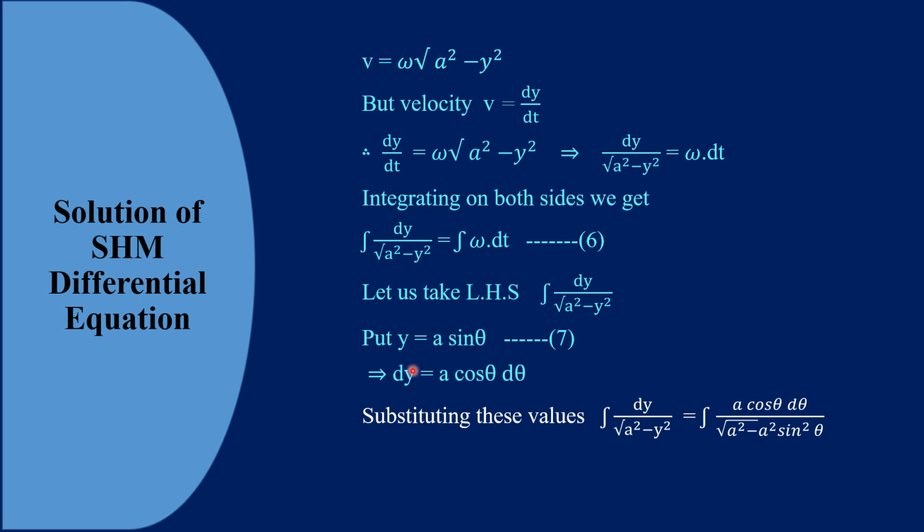Dy means a cos theta d theta whole by root over a square minus y square. Y square means a square sin square theta. So integral dy by root over a square minus y square is equal to integral a cos theta d theta whole by root over a square minus a square sin square theta.